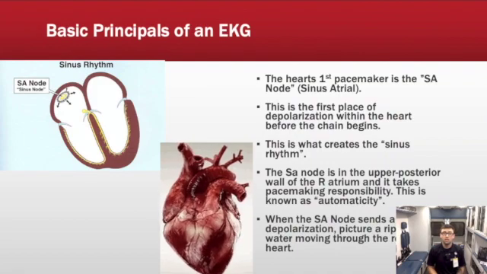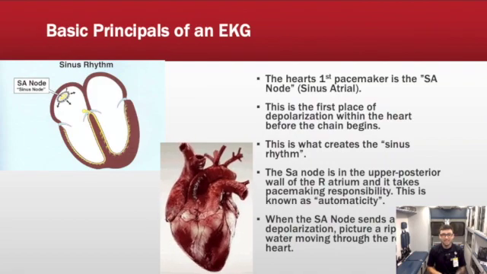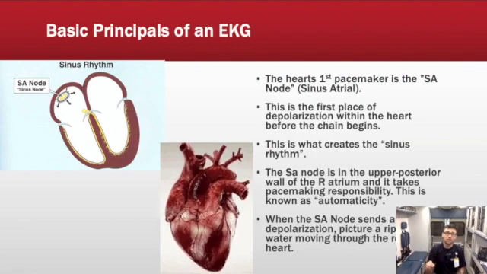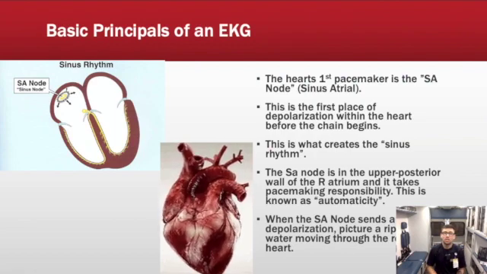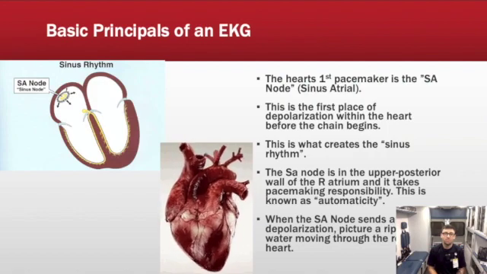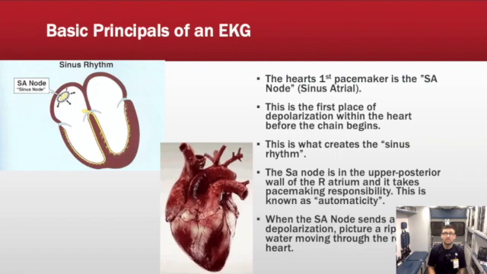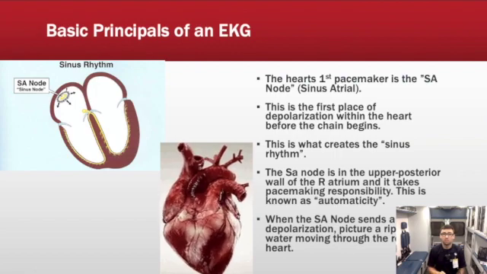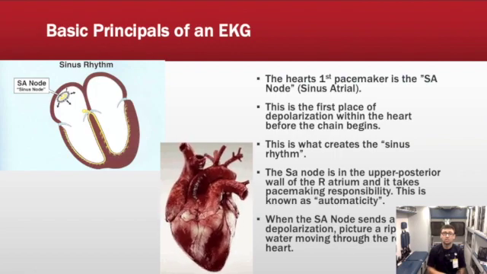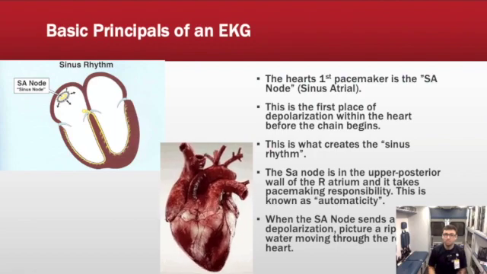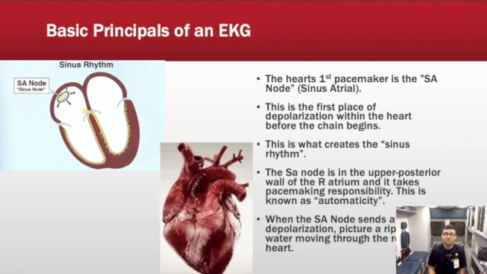So the heart starts with the SA node. Keep this in mind. The SA node, or the sinoatrial node, is located in the right atrium, and it's the heart's first pacemaker. This is where depolarization begins. It creates what's called a sinus rhythm, and you're going to hear sinus rhythm throughout your entire career in medicine.